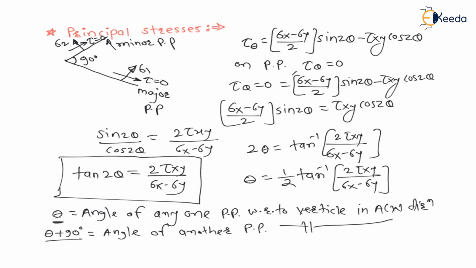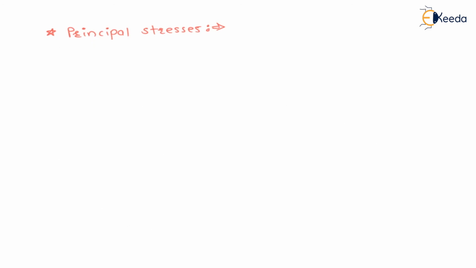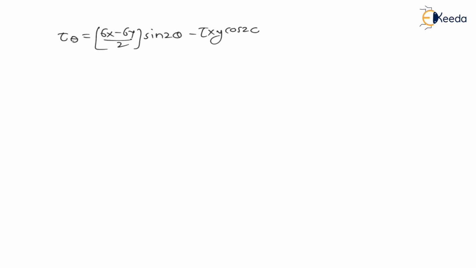We have to see for maximum shear stress. Now see, the formula for shear stress on an inclined plane is tau theta equal to (sigma x minus sigma y)/2 sin 2 theta minus tau xy cos 2 theta.